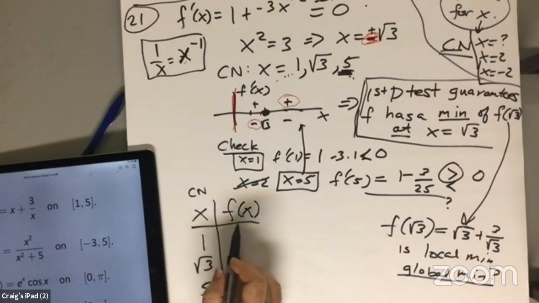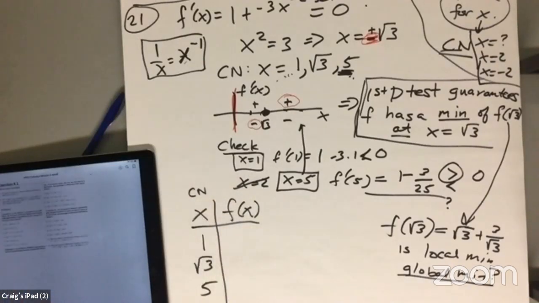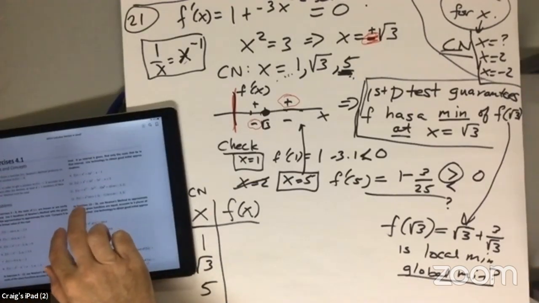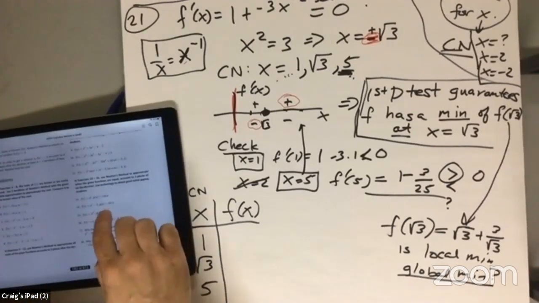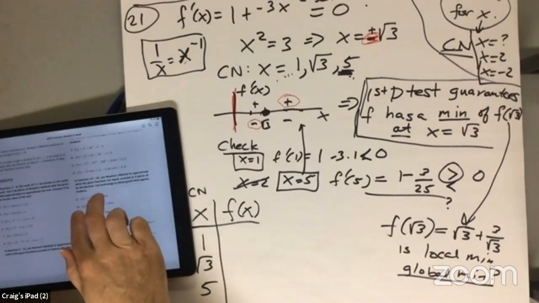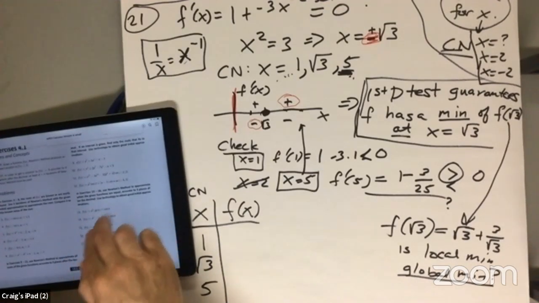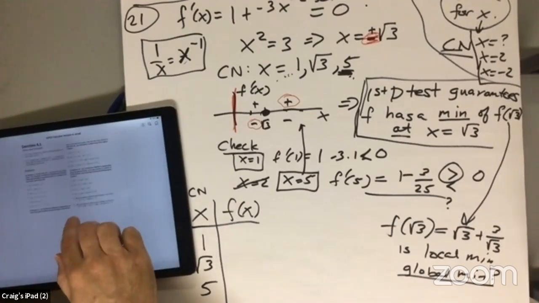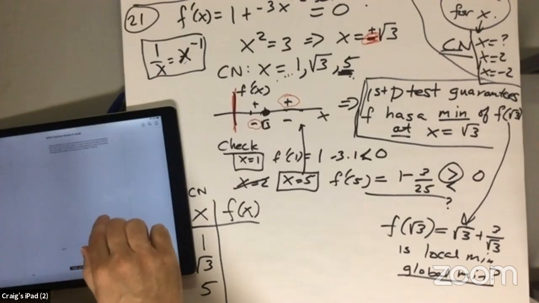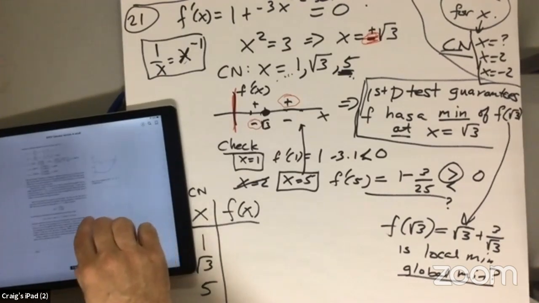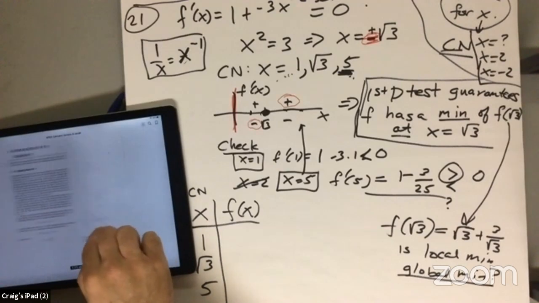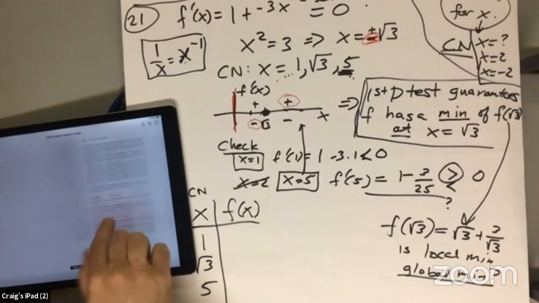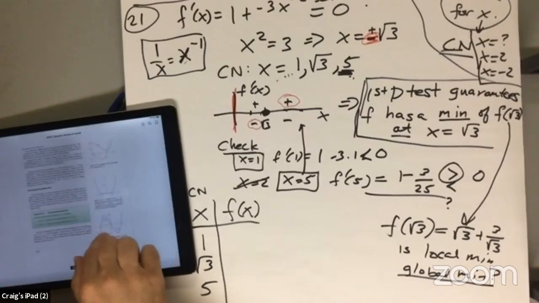And so what's f of 1? F of 1 is, let's see, this whole thing collapsed again. Looking for 21. Oh, I lost my problem. Wow. Okay. I don't know where we're at.